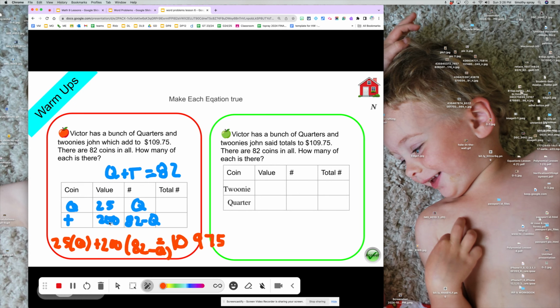So if you want to call this 0.25 and $2 and 25 hundredths of a dollar, or 25.25, then we could call this 109.75. But I prefer to not use decimals and call this 200 and call this 25.